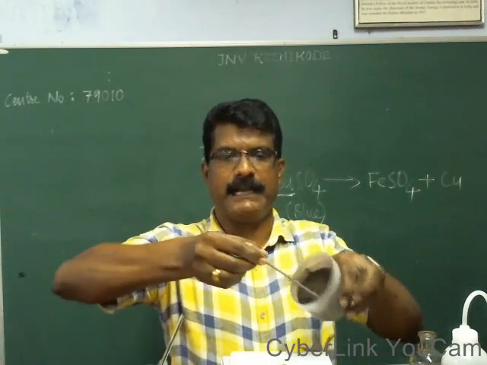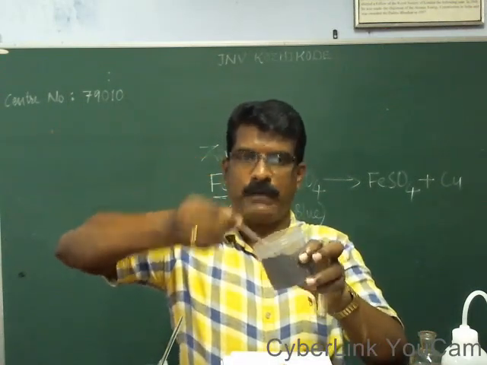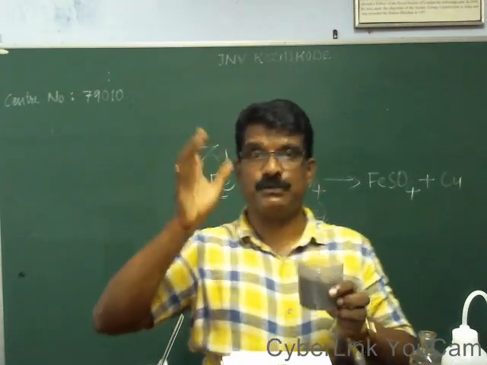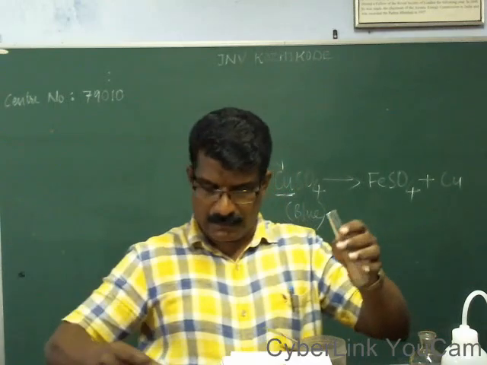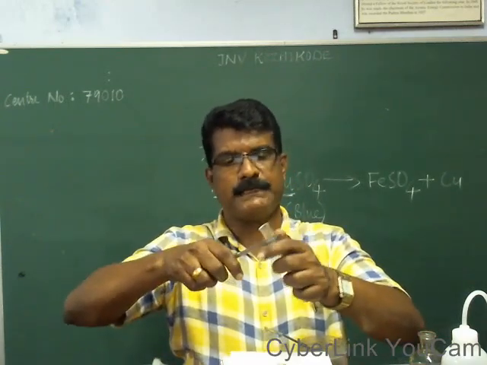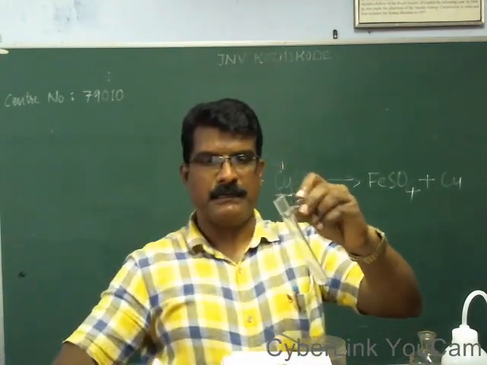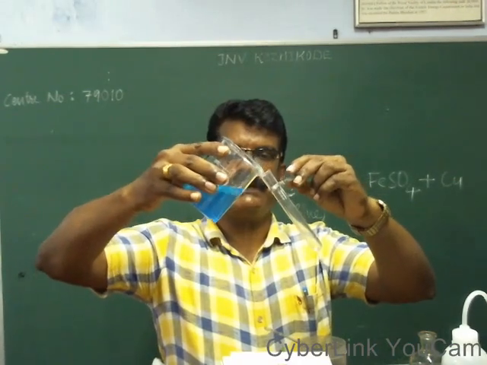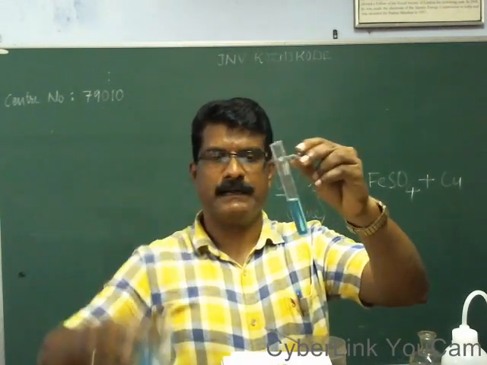You can see the iron powder. Now what happens, you see, I am taking copper sulfate solution in a test tube. See, the blue color copper sulfate solution I have taken.